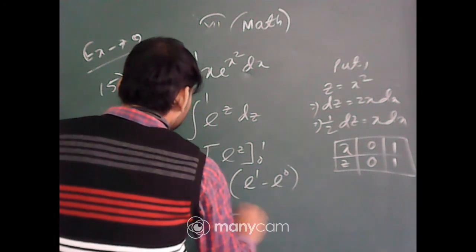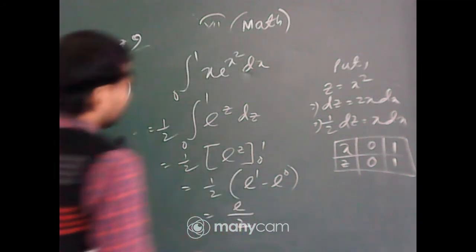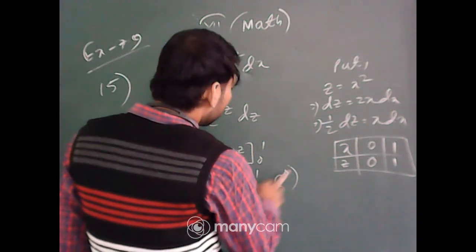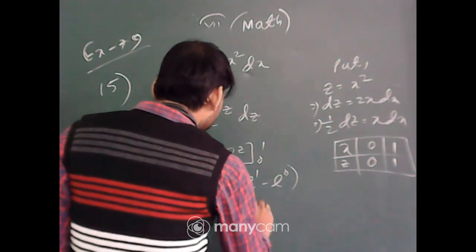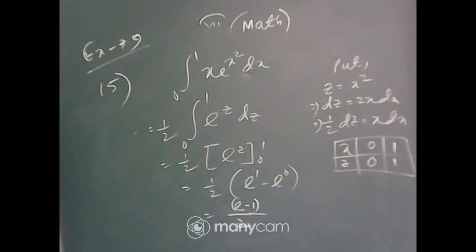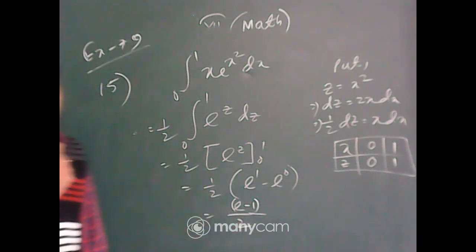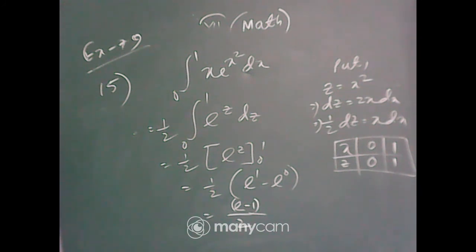Do it in your copy and tell me the answer. Okay, one more thing here. e to the power 0 means 1. So it is e minus 1 by 2 actually. Isn't it e minus 1 by 2?